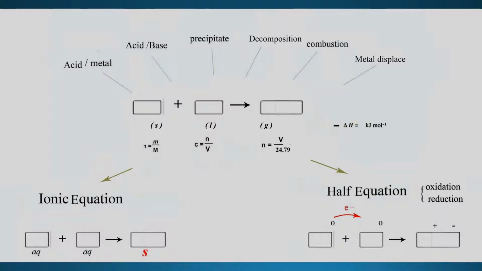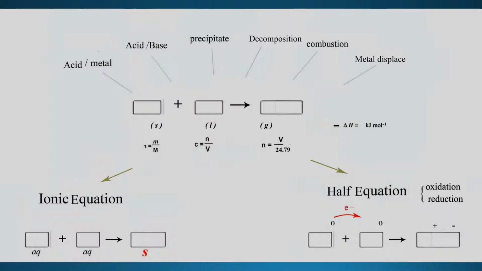So students, revise yourself on the different chemical reactions. First, we pay attention to the coefficient, the front number, to do calculation. In the ionic equation, we pay attention to the state change to know what type of reaction.